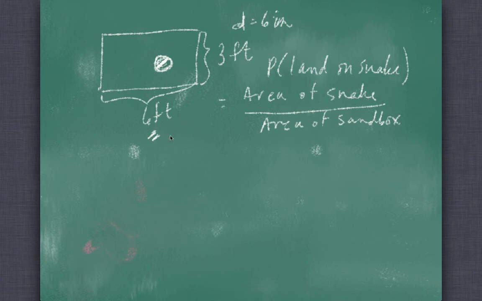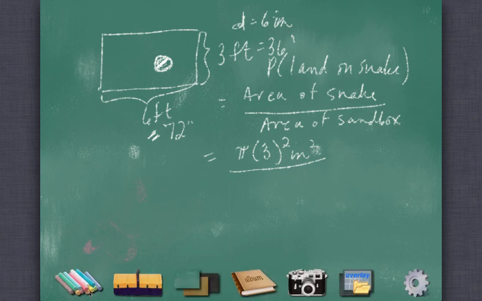So 6 feet is 72 inches, 3 feet is 36 inches. So the area of the snake is pi times the radius, which is not 6 but is 3 squared. And we have inches squared, really, but we're going to have that in both cases. So I have 3 inches squared.